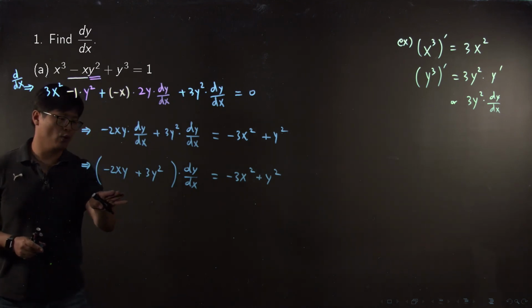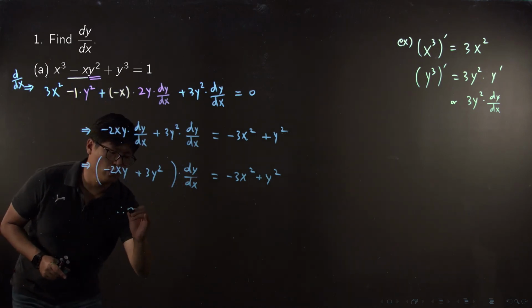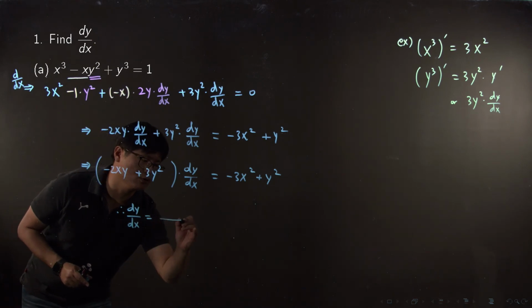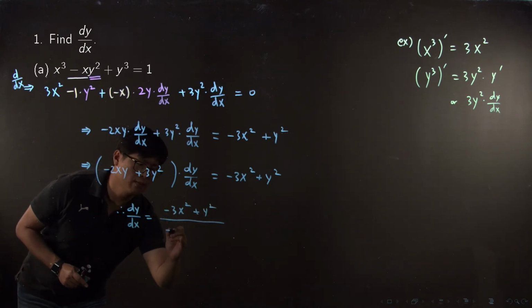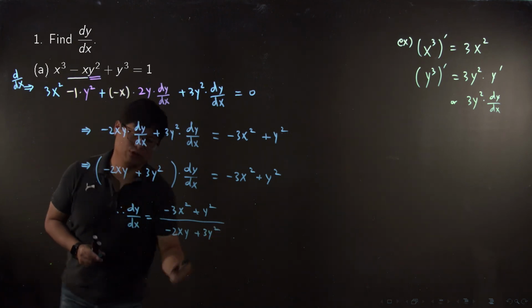Now this whole thing in parentheses is the coefficient of dy dx, and we're going to divide by this on both sides. Then your dy dx, which I asked for in this problem, is equal to minus 3x squared plus y squared over minus 2xy plus 3y squared.